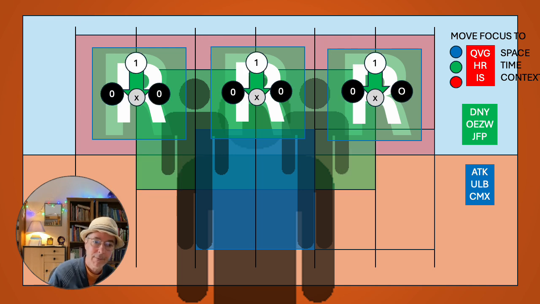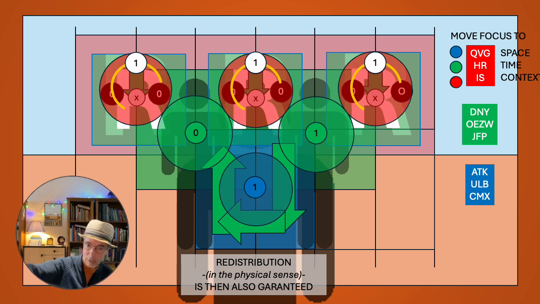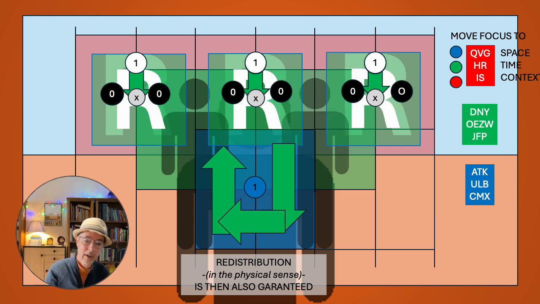So after that, here's just an example of how it works. It finds its connections into the system, and that's how all things are running and redistributed also in the physical sense, and it's always guaranteed that you can have it. The redistribution also in the physical sense will be guaranteed once this process is running.